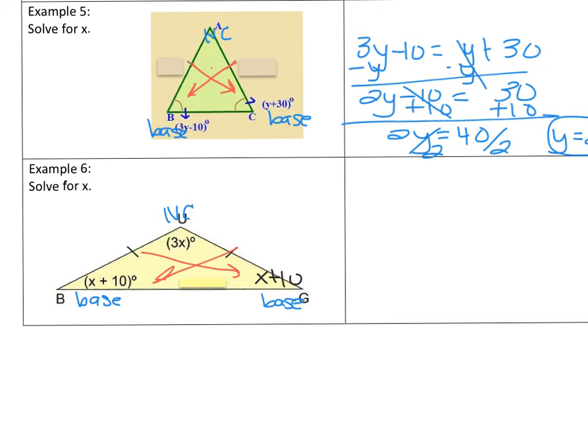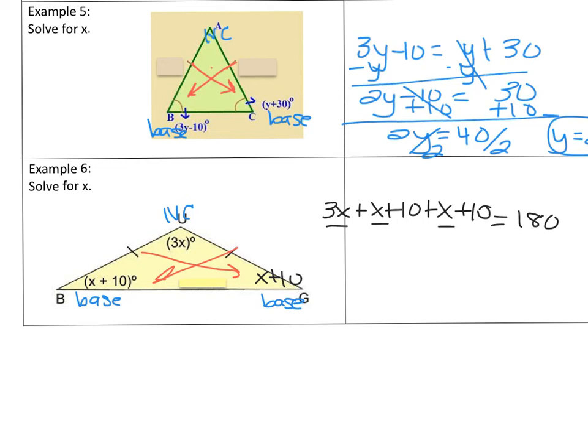Now, looking at this, I have 1, 2, 3 angles. If you have 3 angles, then you can make them equal to 180. So I'm going to set this all equal to 180. So, 3x plus x plus 10 plus x plus 10 will give me 180. So I'm going to put all my x's together.